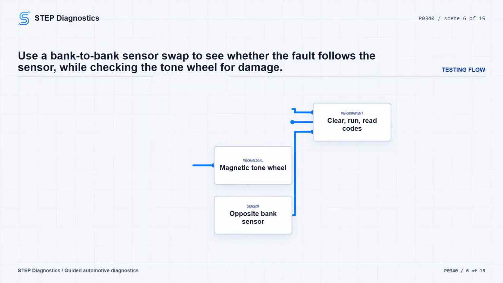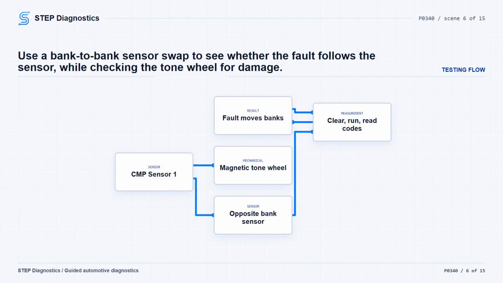If the 5-volt supply and sensor ground check good, swap CMP sensor 1 with the cam sensor on the opposite bank. While it is apart, inspect the camshaft magnetic tone wheel for damage and repair any problem found. Reconnect PCM-C2 and the CMP sensor 1 connector, erase the codes, then idle the engine or crank it if it will not start.